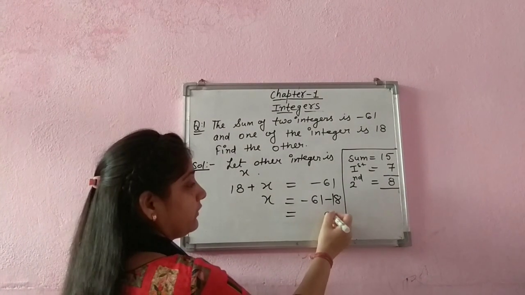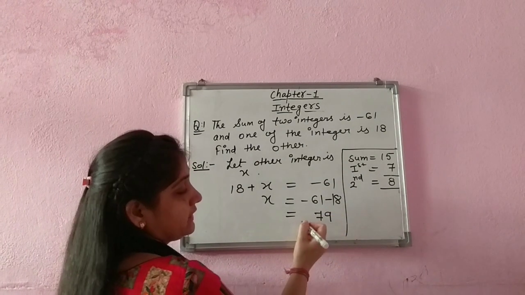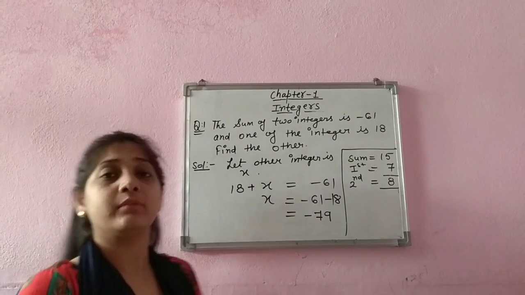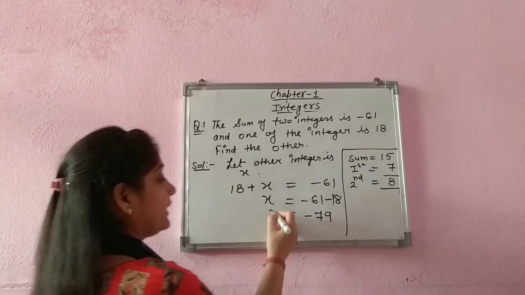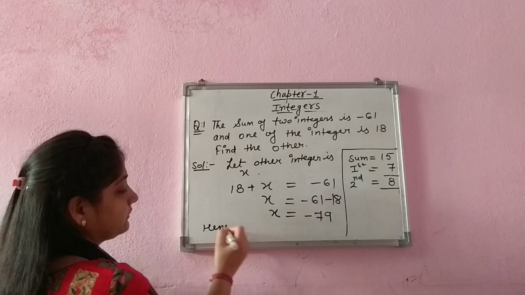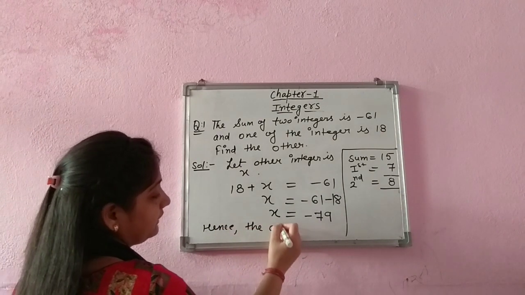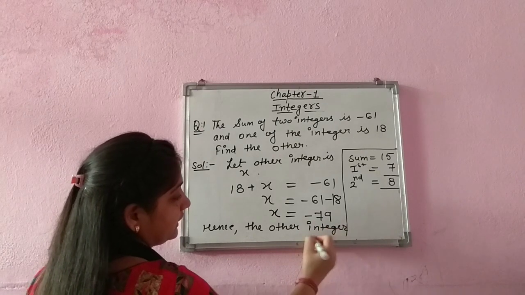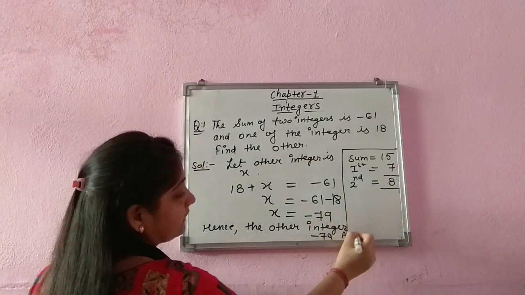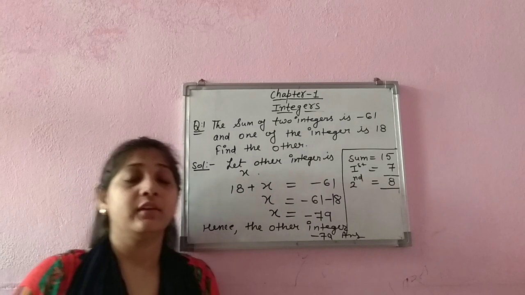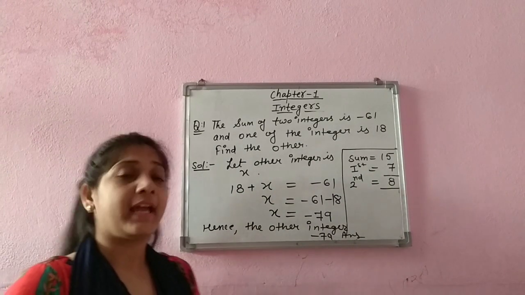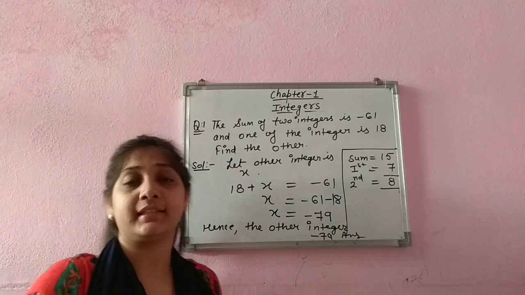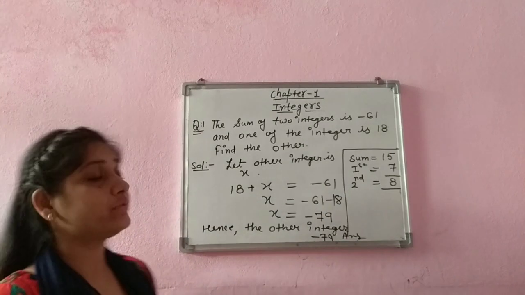So when we add, we will get 79 with the negative sign because both the signs are the same. Hence the other integer is -79. This is our answer. It means when you add 18 and -79, you will get -61. That is the sum.